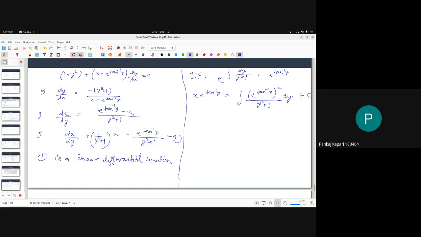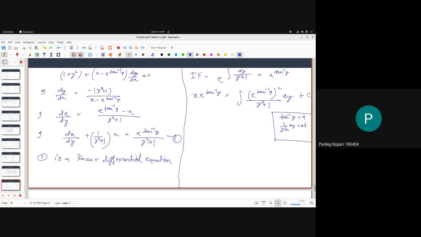Let's make a change of variable. So what change of variable can we do here? Just put tan inverse y as a new variable t. That means 1 over y square plus 1 dy will become dt. We do this change of variable to find out this integral.